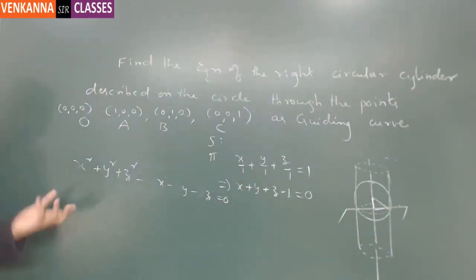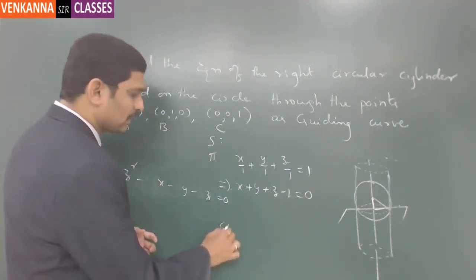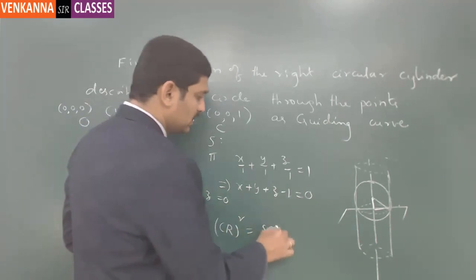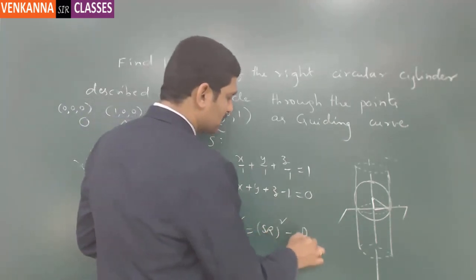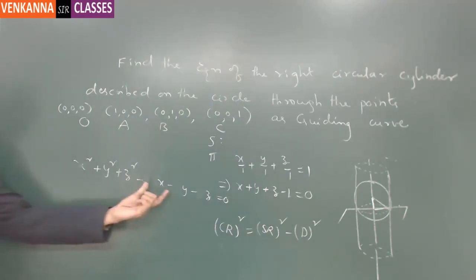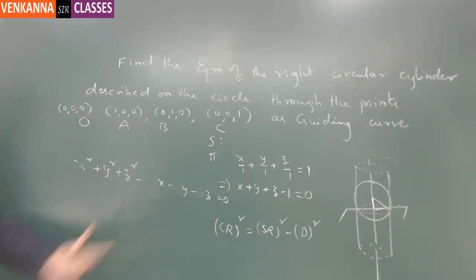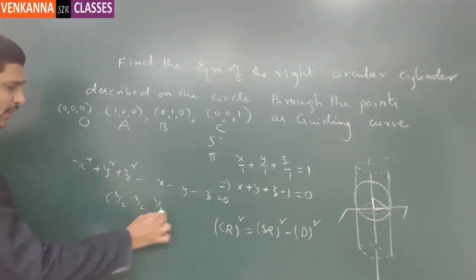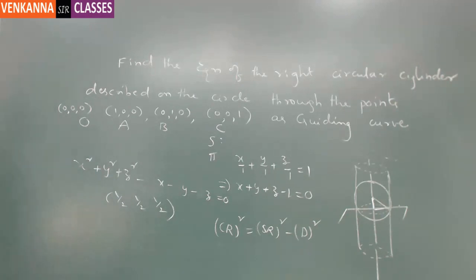the same formula we use: circle radius whole square is equal to sphere radius whole square minus distance whole square. Now, from the sphere equation, the center of the sphere is nothing but 1 by 2, 1 by 2, 1 by 2. Accepted?